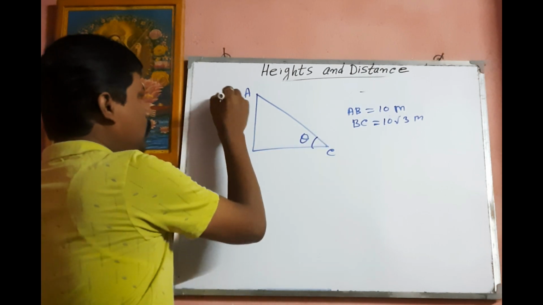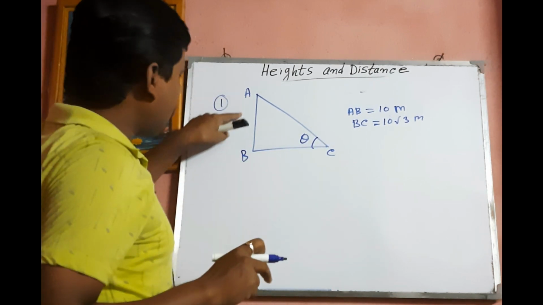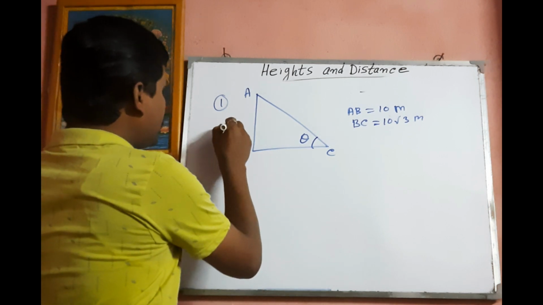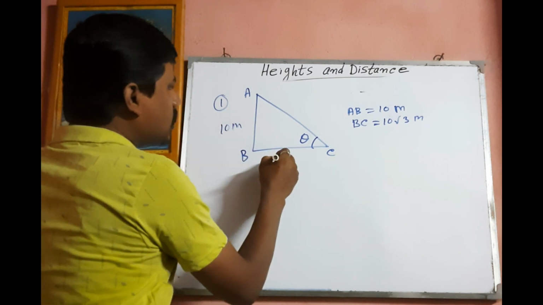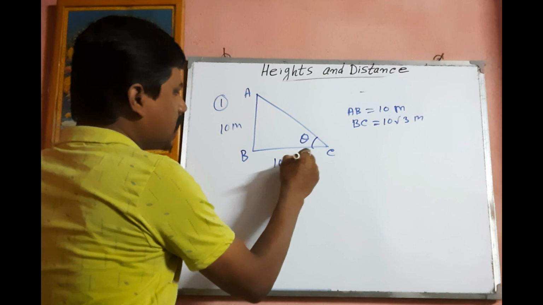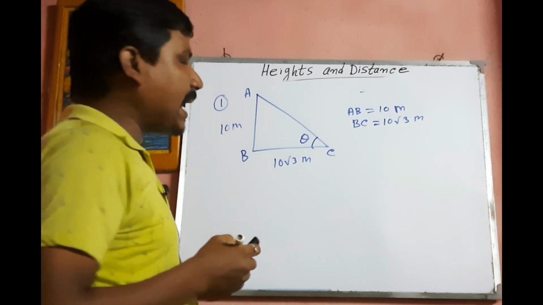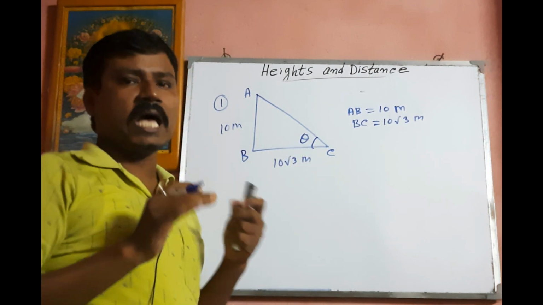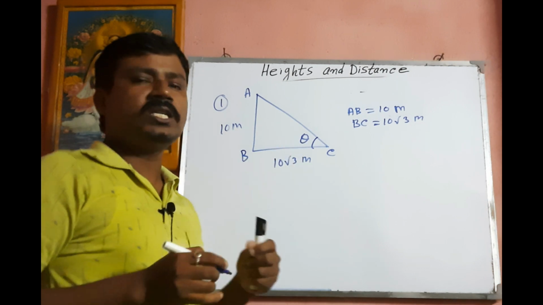From here we can say, AB is a pole of 10 meter and the shadow of this pole is 10 root 3 meter. Now the angle of elevation of the sun is theta.